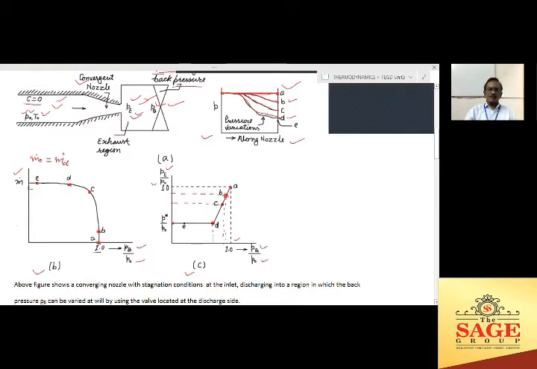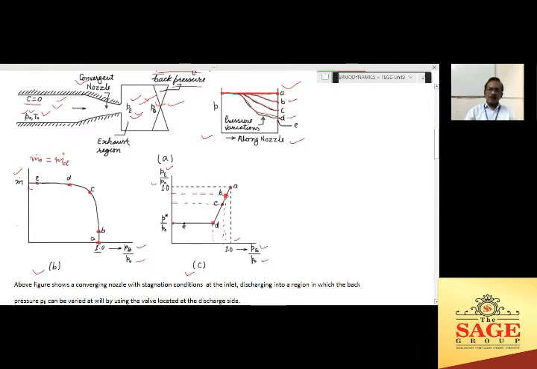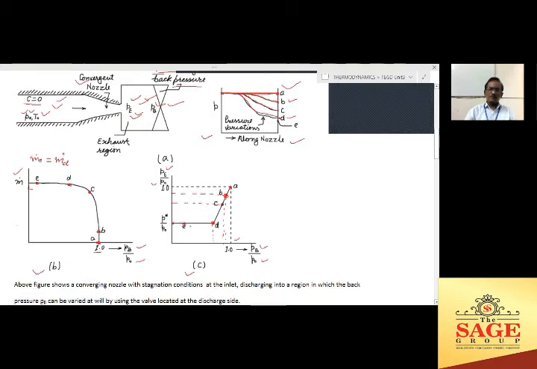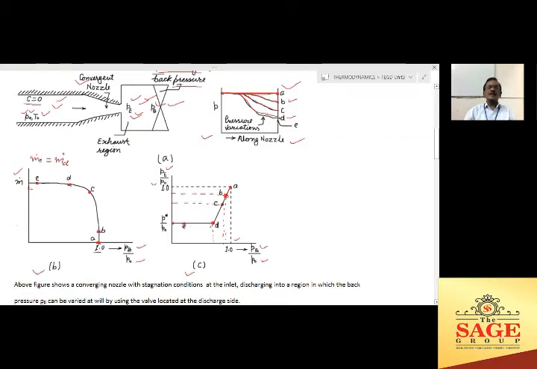At point D and also at point E, we are getting a critical value of pressure. It means that if we keep decreasing the back pressure, after a certain point there will be no decrease in the axial pressure.